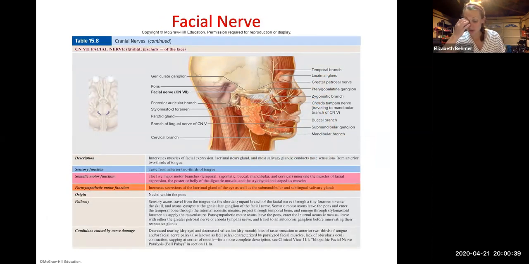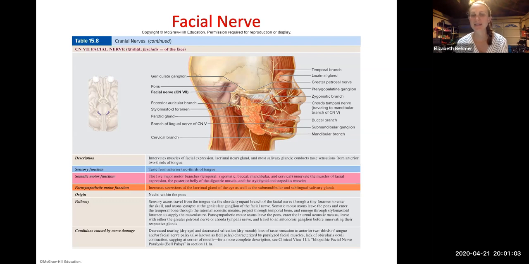Your facial nerve then, this will be the answer to number 18. Your facial nerve is an important nerve. It has a lot of motor functions because it has 5 major motor branches, and it innervates muscles of facial expression, the posterior belly of your digastric muscle, and the stylohyoid and stapedius muscle.